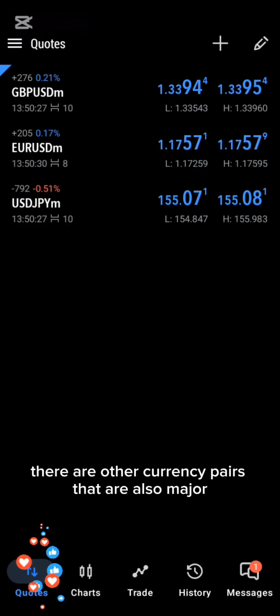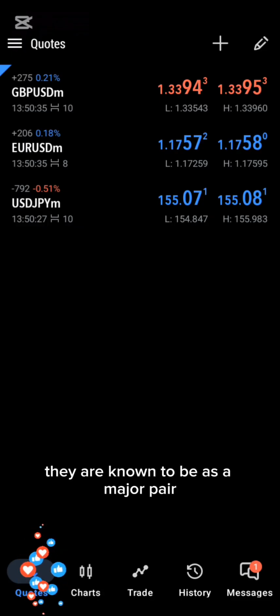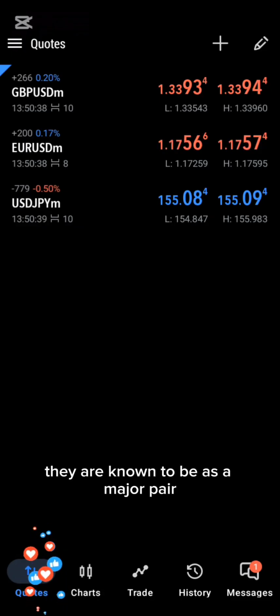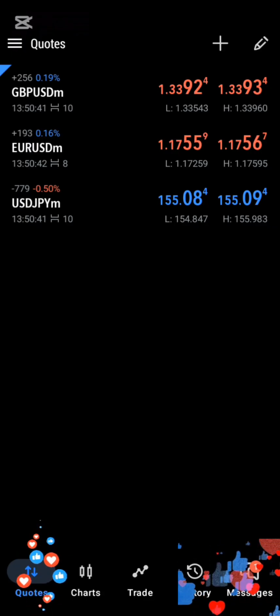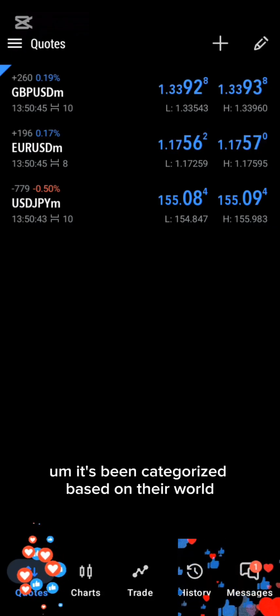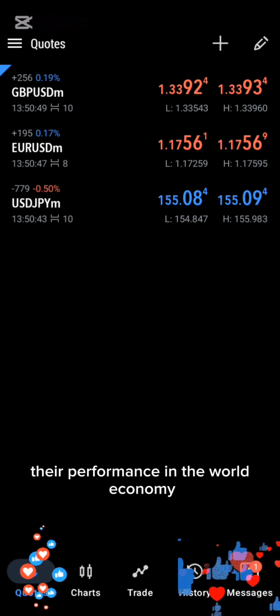So these are the basic examples of major currency pairs. There are other currency pairs that are also major, as long as they are attached to USD. They are known as major pairs. We already know the reason for that, because they are categorized based on their performance in the world economy.